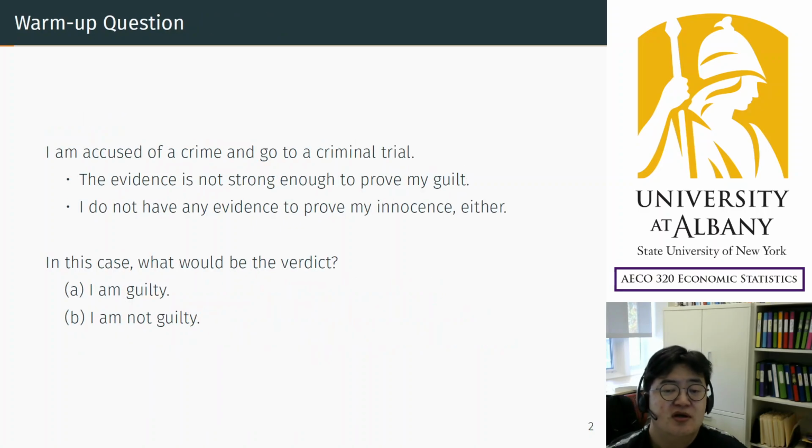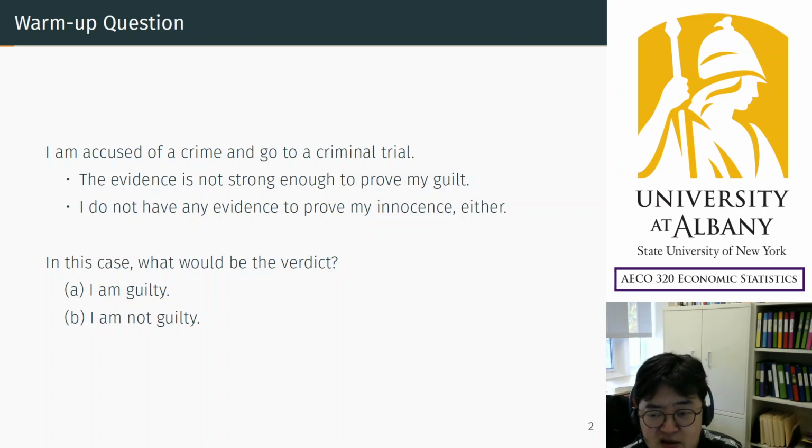Okay, so let's think about a totally weird question. Suppose that I'm accused of a murder case. Suppose that someone died and somehow I am the suspect and I went to a criminal trial. In the trial, there is some evidence, but it is not strong enough to completely prove my guilt.